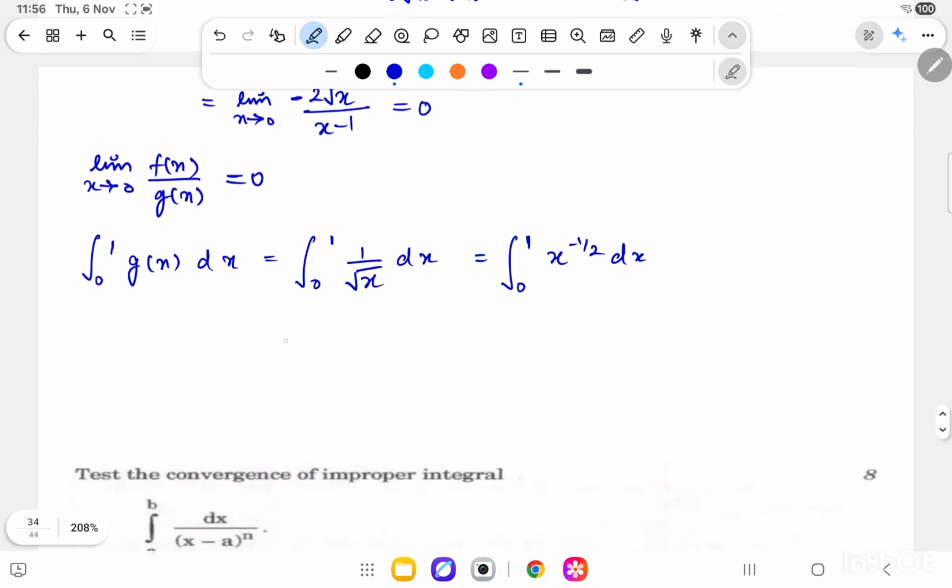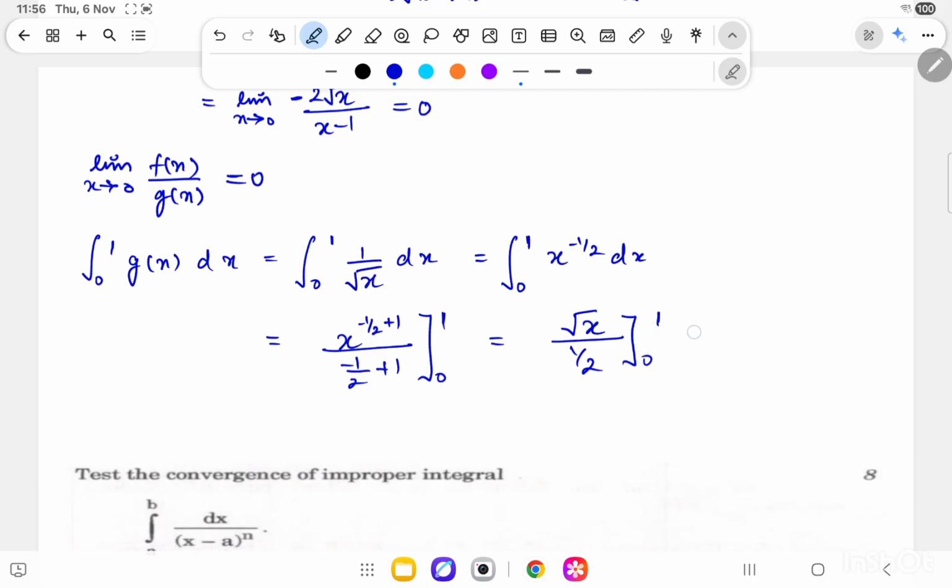That equals x raised to minus 1 by 2 plus 1 divided by minus 1 by 2 plus 1, with limits from 0 to 1, which equals square root of x divided by 1 by 2, with limits from 0 to 1, that is 2. And this is a finite limit, so from here we can say that my integration 0 to 1 of g(x) dx is convergent.